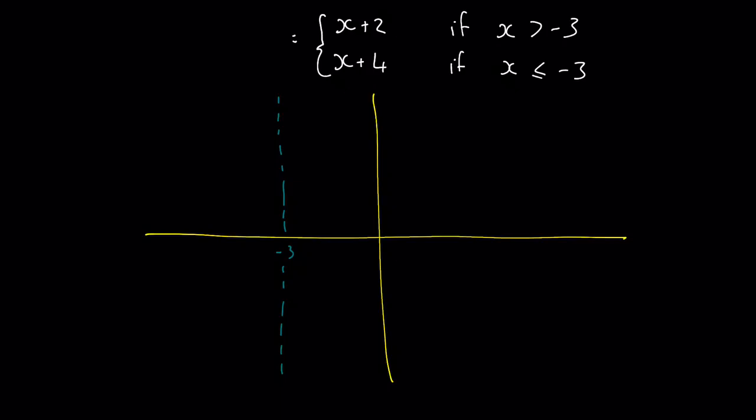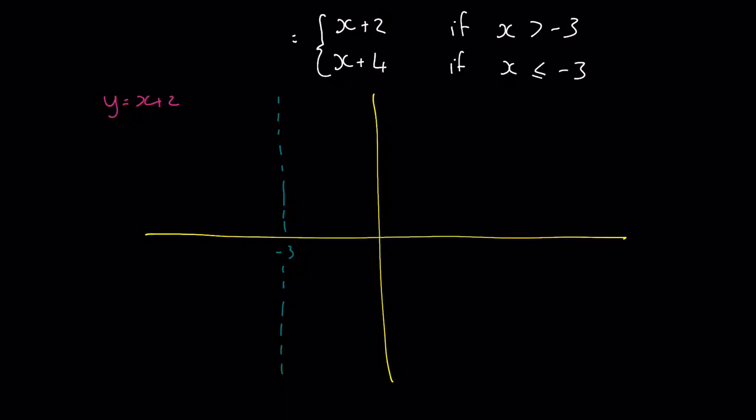So I'm going to start with the first one. x plus 2 if x is greater than negative 3. And it's not including, that's important. So what you would need to do here is find your x and y intercepts of the function. So in the function, if y is equal to x plus 2, we know that the y-intercept is positive 2, so we can mark that off straight away.